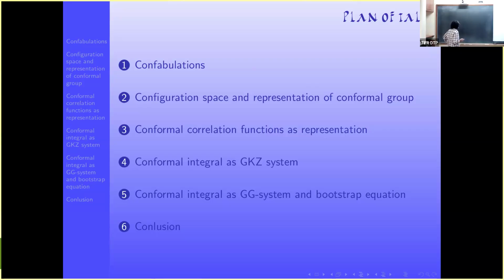Then I'll talk about conformal correlation functions as representations of the conformal group in the configuration space of points. Then connect it to things called conformal integrals. I'll introduce these jargons, different systems, and then rewrite conformal integrals as a GG system. I'll explain what GG system is, write down the bootstrap equation and conclude.